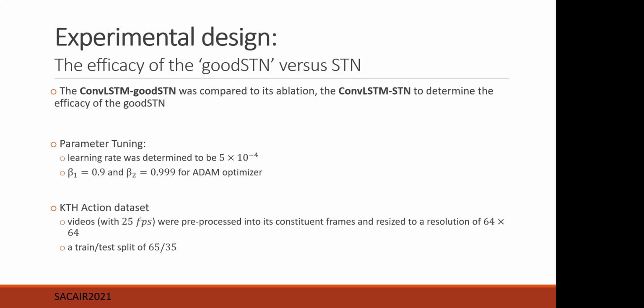In terms of parameter tuning, the learning rate was determined by the cyclical learning rates for neural networks proposed by Smith, and it was found to be 5 × 10⁻⁴. The beta values for the Adam optimizer were the same as those recommended by literature. The models were trained and evaluated on the KTH action dataset, and the train test split was 65-35.